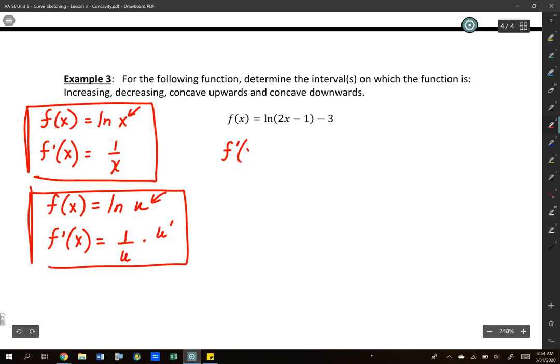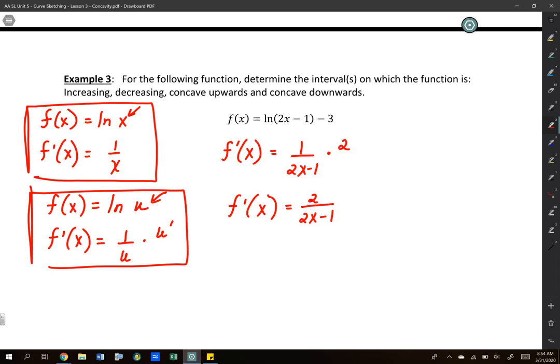So with f prime of x, we're going to write 1 over 2x - 1 times the derivative of 2x - 1, which is 2. So this derivative is equal to 2 over 2x - 1.